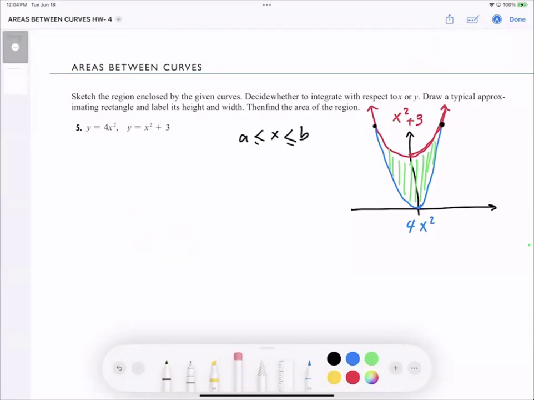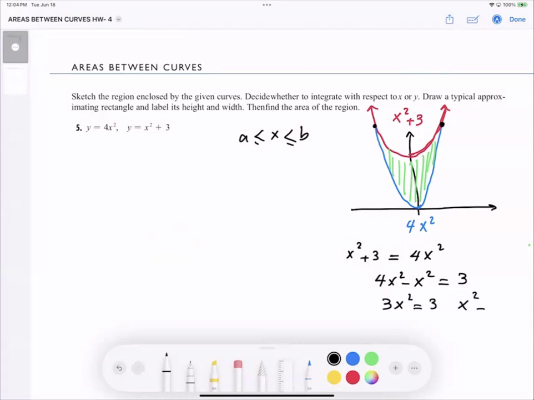So let us begin. x squared plus 3 is equal to 4x squared, or you can bring everything to one side. 4x squared minus x squared is equal to 3, if it's easier to solve it this way.